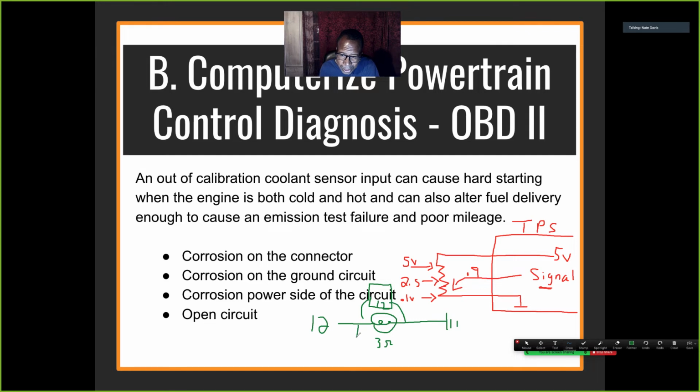So on the input side, I would have 12 volts here. And since this used up 12 volts, on this side I would have 0.1, just like on the ground side here, I have 0.1.